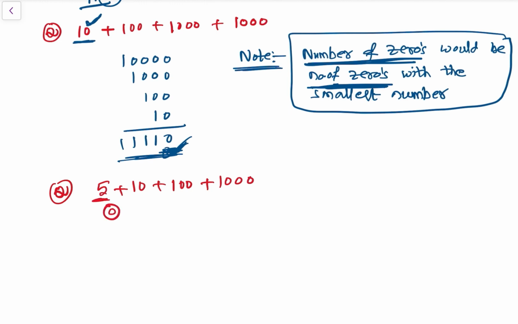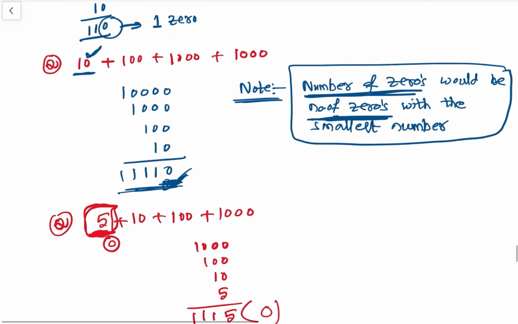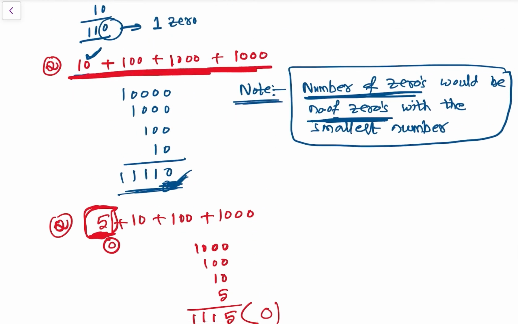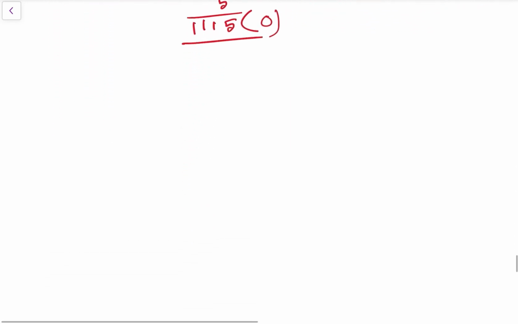Adding 1000 plus 100 plus 10 plus 5, that is 1115. So the number of zeros towards the end is 0 because there is no zero with the smallest number. That is for when we are adding. These are small equations, you can simply add and find out. If the expression is bigger, how it works we will see later in questions.